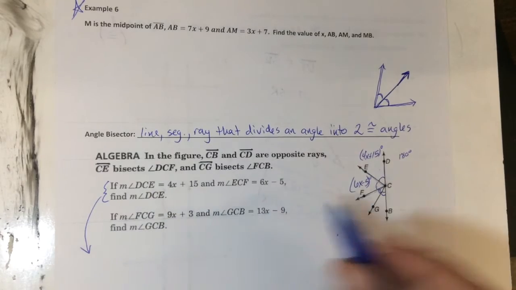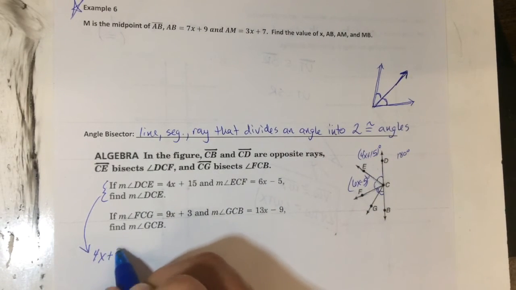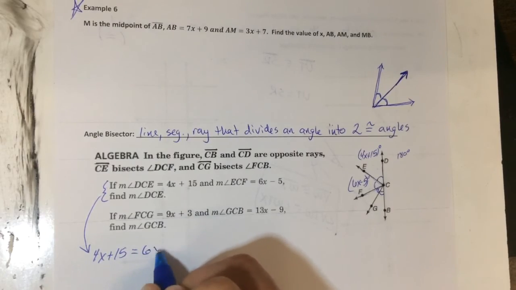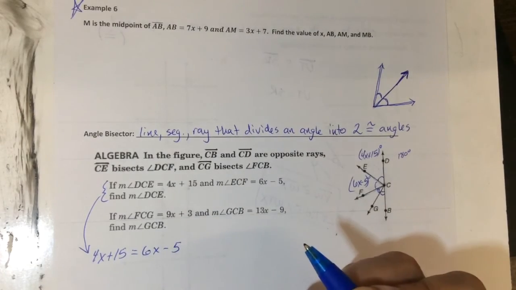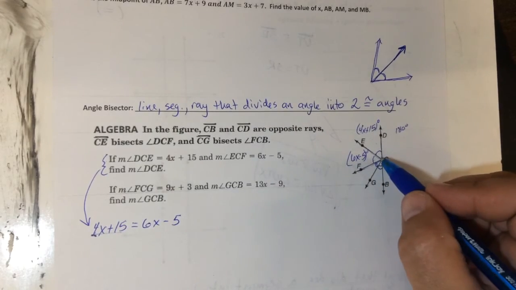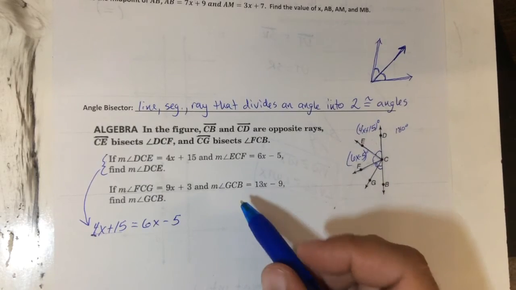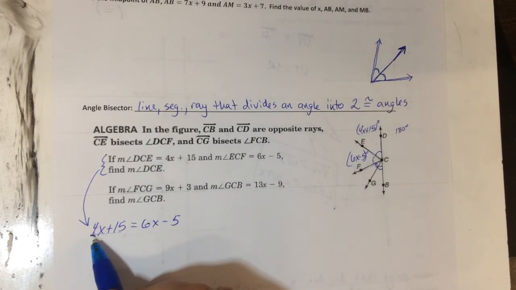So I'm going to do this work right here. All right, and there we get our equation. The only reason I can say these are equal to each other is because I am told that this is an angle bisector. Bisect means to divide evenly or equally.